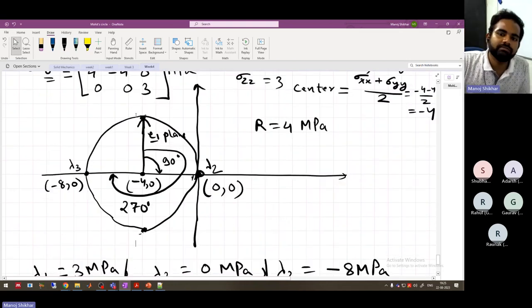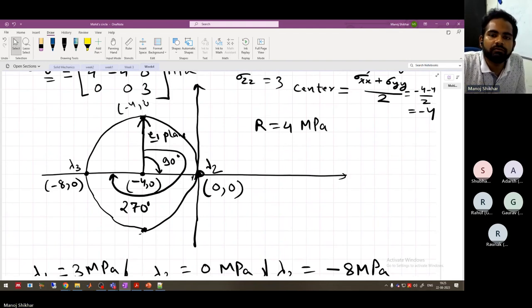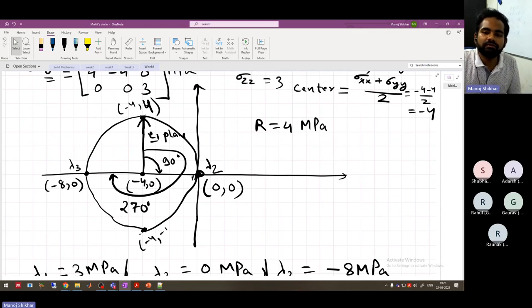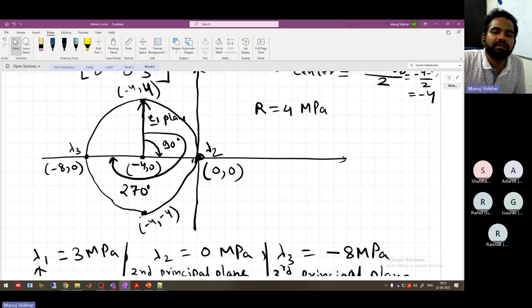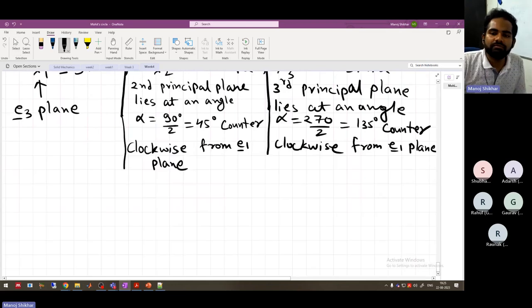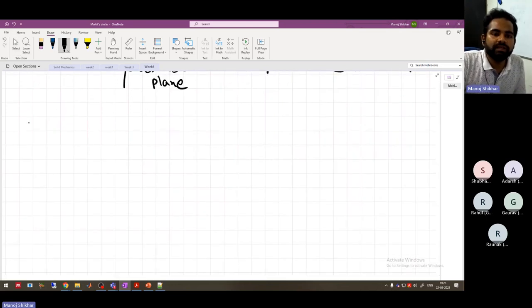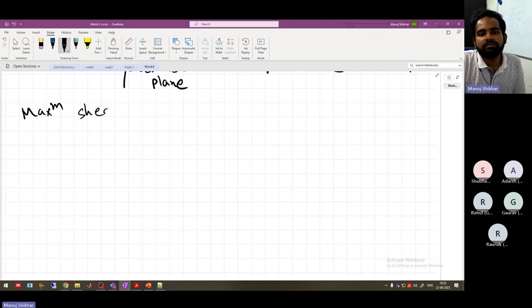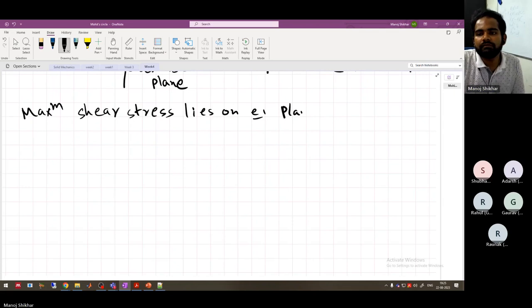So this is the maximum shear stress here, minus 4, 4. Even on E2 plane, you can see it is minus 4, minus 4. Magnitude-wise they are the same. So maximum shear stress lies on E1 plane only.